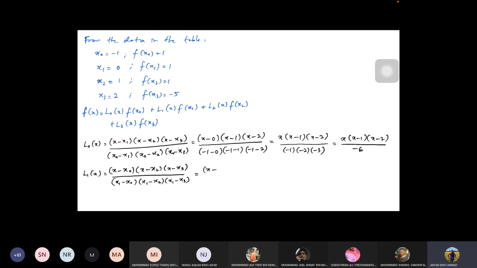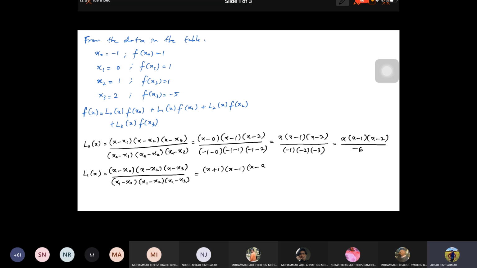So x minus negative 1 is x plus 1, x minus 1, x minus 2.